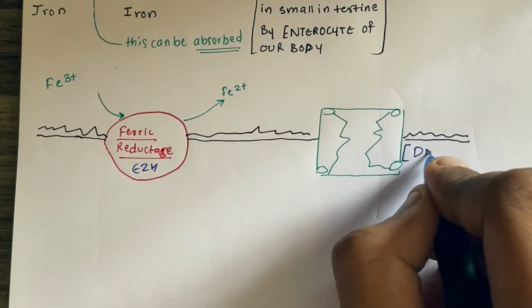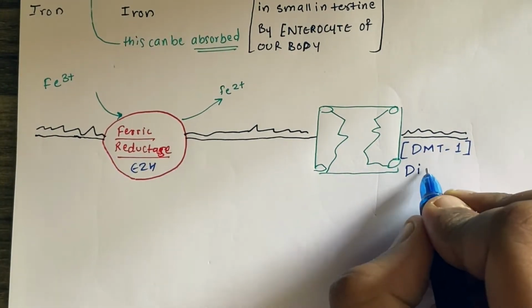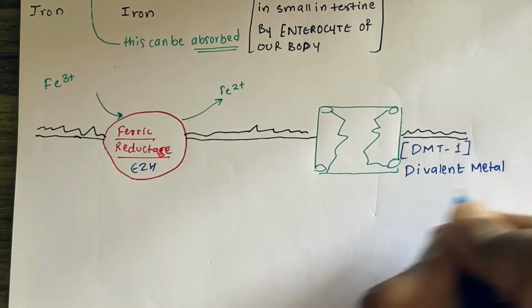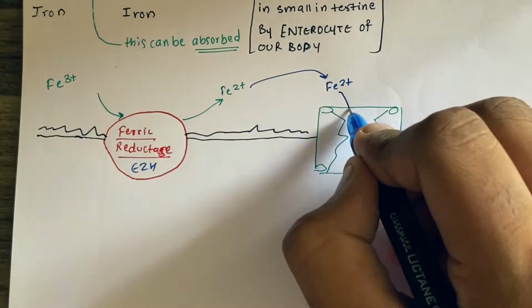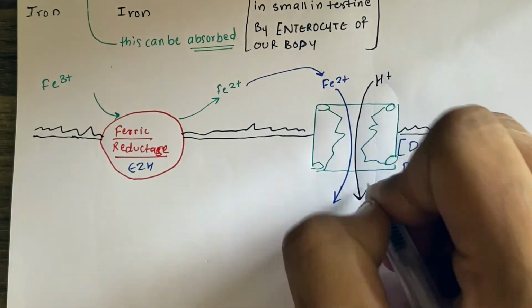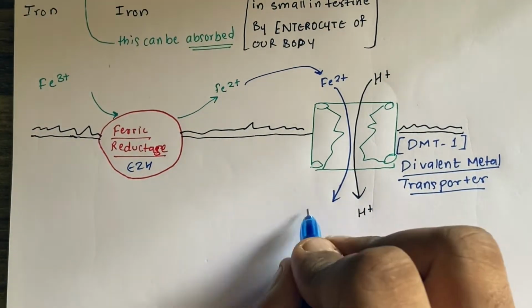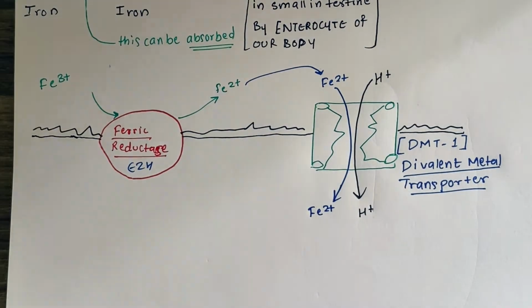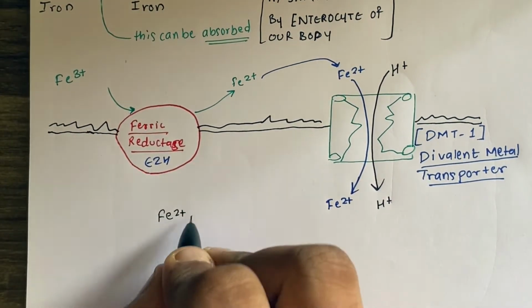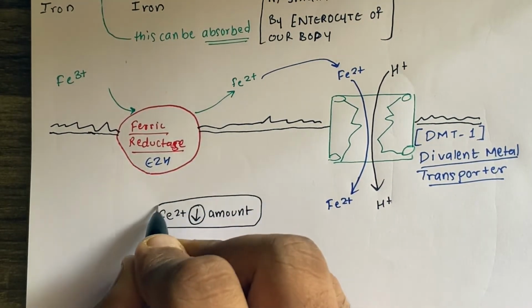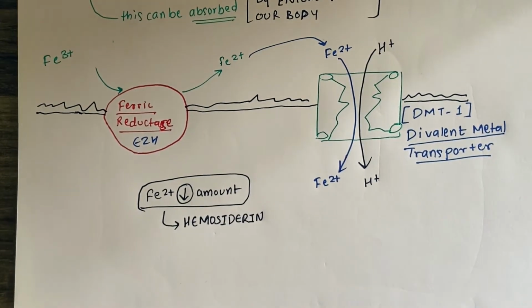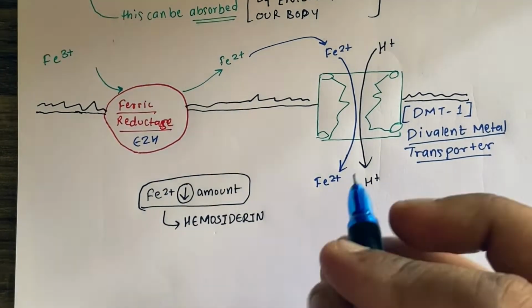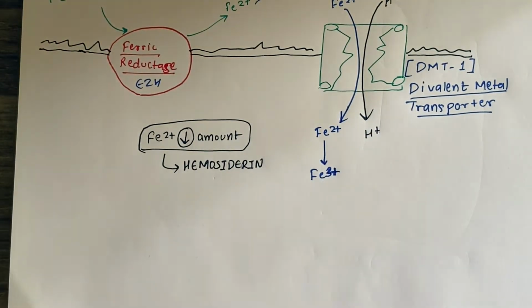Then Fe2 gets inside the enterocyte, absorbed by a transporter named DMT1, which is the divalent metal transporter, and it takes in one hydrogen atom with it. Small amounts of absorbed Fe3 are called hemosiderin.